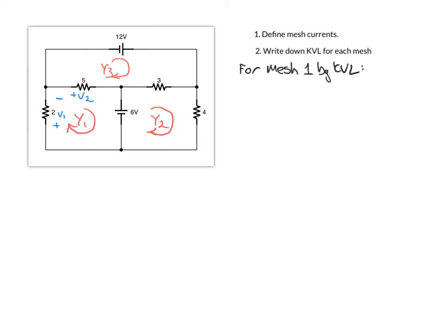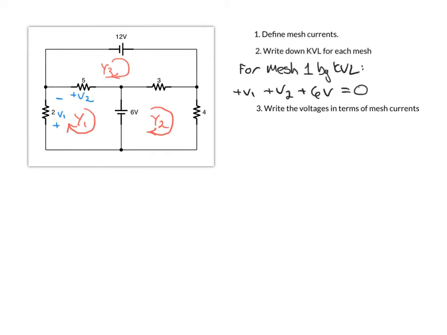So we write down the voltage we get to first, and then we travel systematically around the mesh until we get back to where we started. So for mesh 1 by Kirchhoff's voltage law, we've got plus V1 plus V2, and then we've got plus 6 volts, and that all by Kirchhoff's voltage law must be equal to 0.